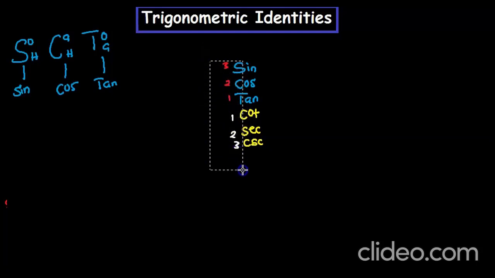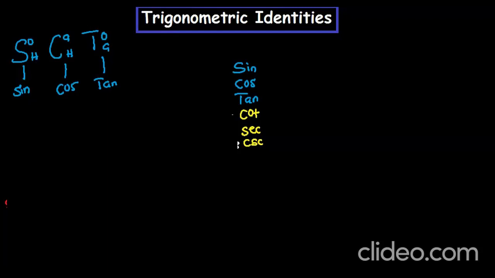But before then, let's get rid of this place so that we can explain properly. Before then, we're just going to look at three things under the trigonometric identities, which are the reciprocal identities, the quotient identities, and the Pythagorean identities.